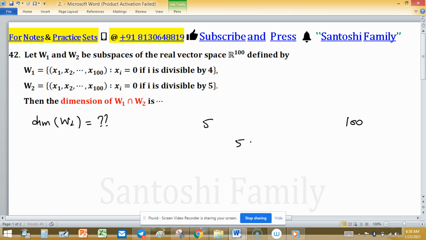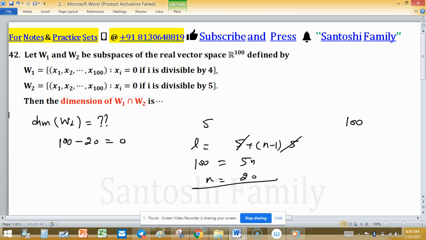So by the formula, l equal to a plus (n minus 1) into d, the last or nth term, a plus (n minus 1) into 5, because the common difference is 5. So the 5 cancels out, and 100 equal to 5n. So n equal to 20. So the dimension of W2 will be 100 minus 20, equal to 80.